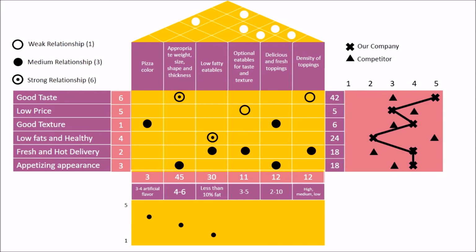And for optional eatables, having 3 to 5 optional eatables, we stand somewhere near 4. And for having 2 to 10 delicious and fresh toppings, we stand near 3. And for the density of toppings target, we are somewhere around 5. So we're going to join the dots, and here we have an idea of how well we achieve all of our targets.